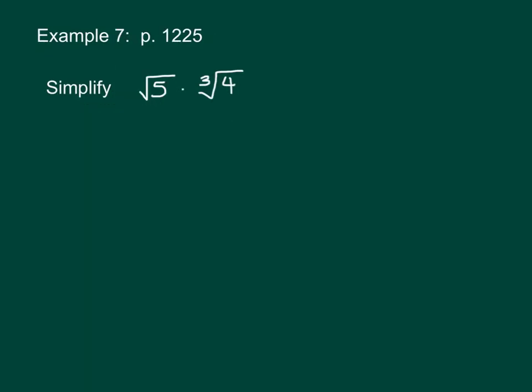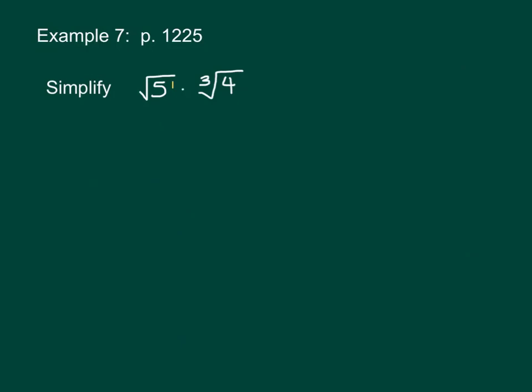Okay, remember to multiply radicals using the product rule. We have to have the same index. Well, in this case, this is the square root of 5 and the cubed root of 4, so the indexes are different. So we can't use a product rule, but we can use exponents to be able to make them have the same index. So we're going to rewrite this with exponents.